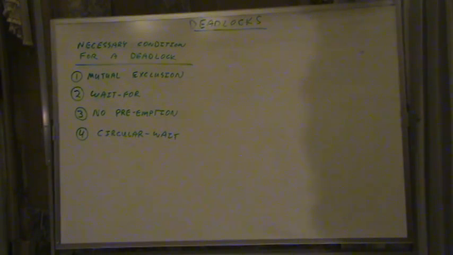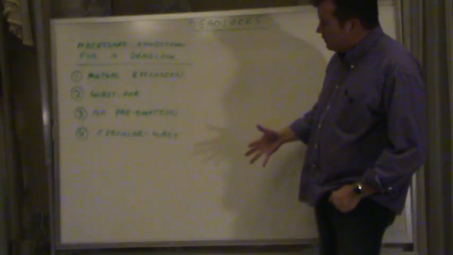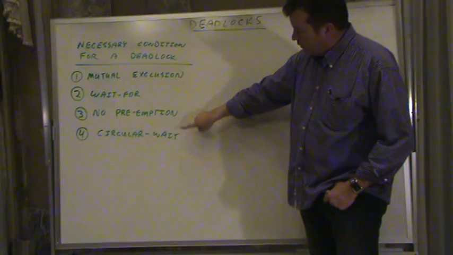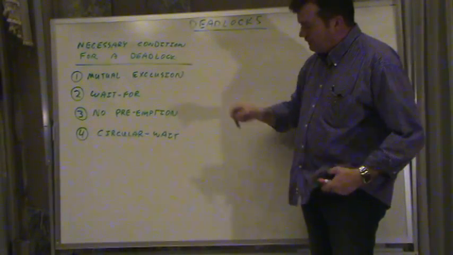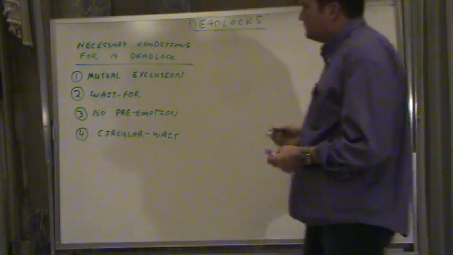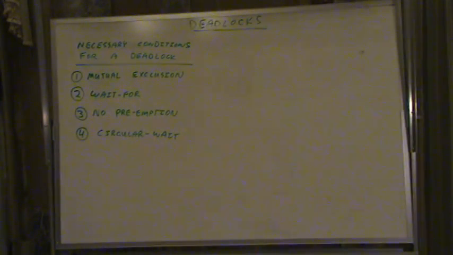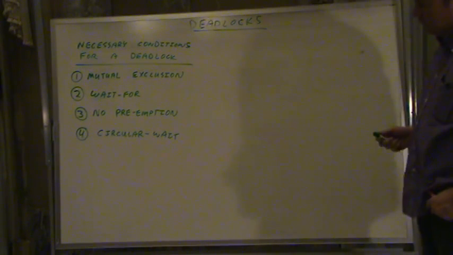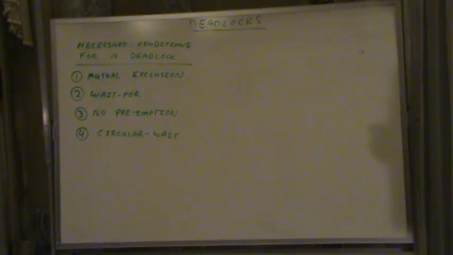They could decide to not allow deadlocks to occur by picking one of these 4 necessary conditions for a deadlock and saying, I don't want my system to allow that one to happen. If you pick any one of those four and say my system can't do that, then your system is guaranteed to not have a deadlock.